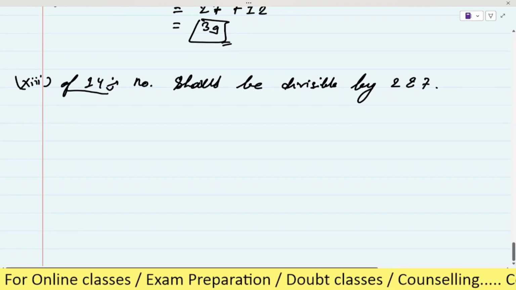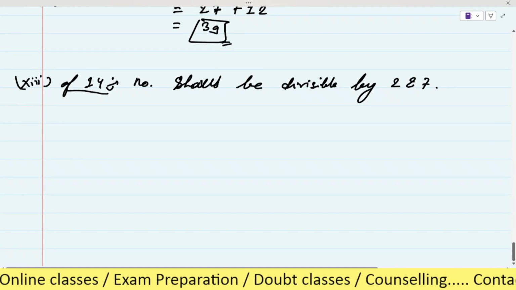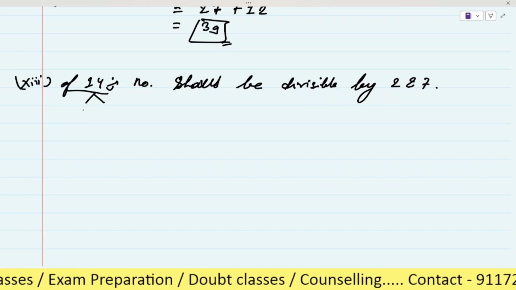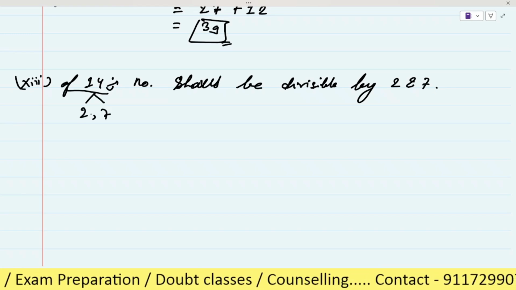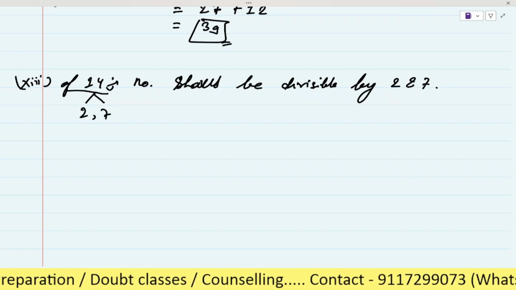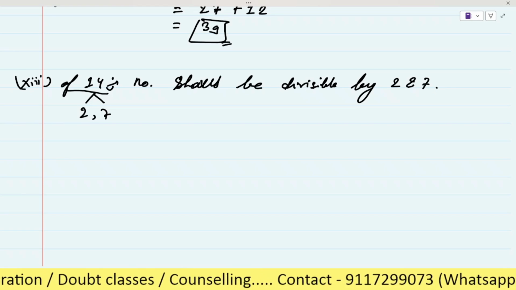Is it clear? You can apply the trick: break it down into prime factors, 2 times 7 is 14. In this way you can remember it.